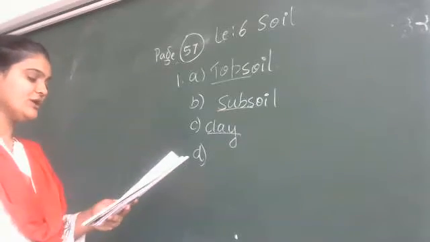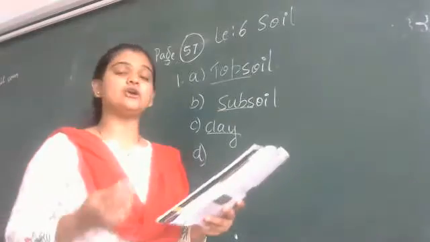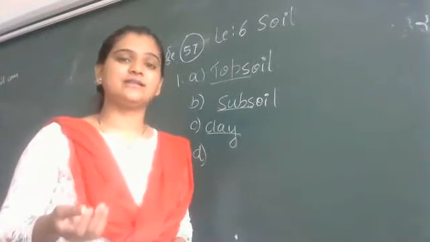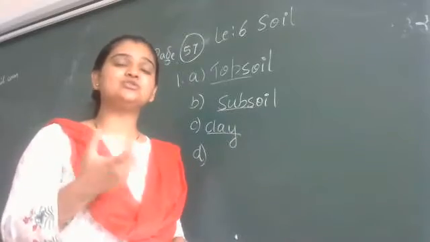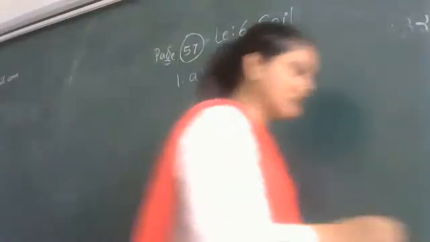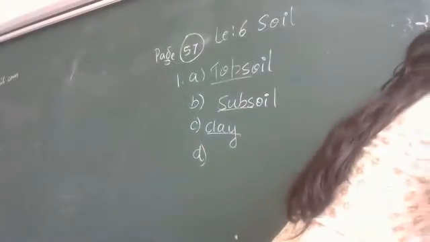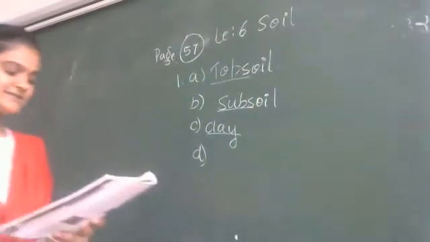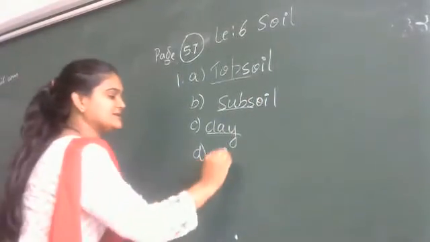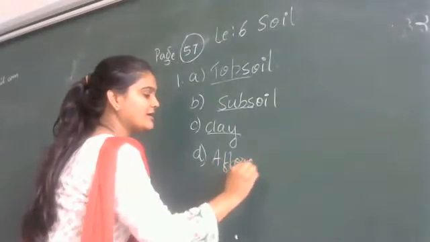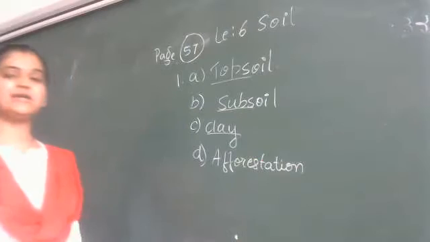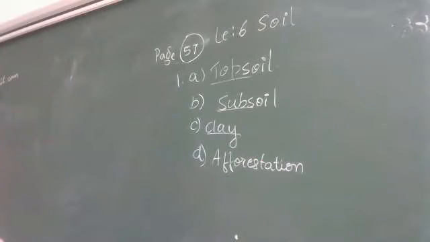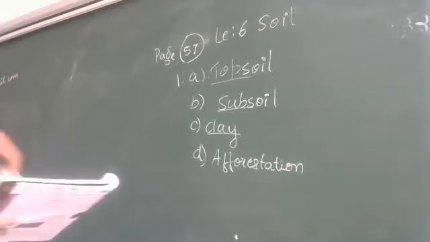Yes, correct. So the reason which is not a cause of soil erosion is afforestation. By planting more and more trees, the roots will hold the soil and it will not allow for soil erosion. Okay, so it is afforestation is not a cause for soil erosion. Okay, did you all understand why is the answer afforestation? Yes, ma'am.